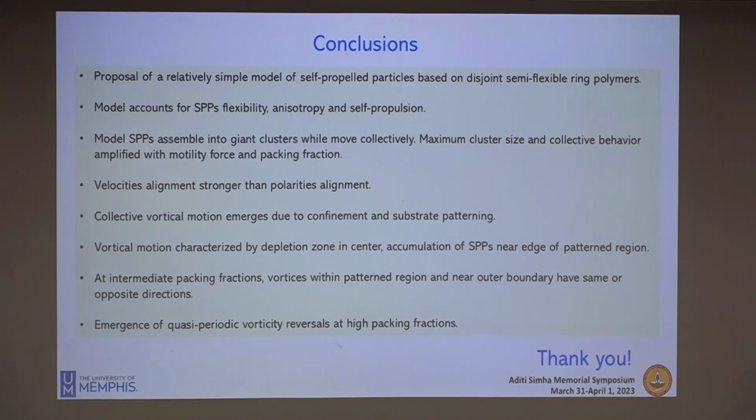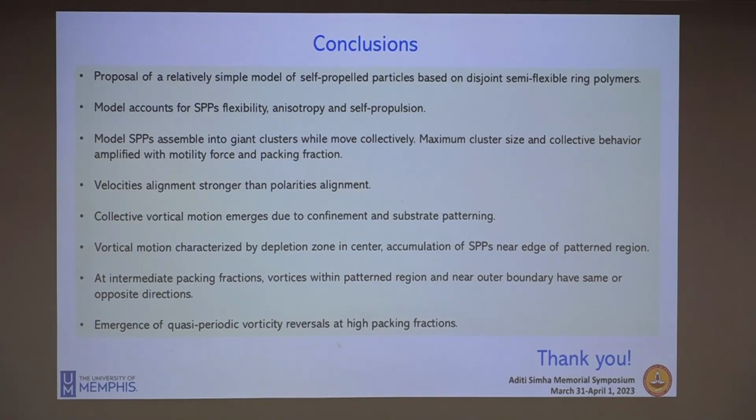In conclusion, we have a relatively simple ring polymer model of self-propelled particles that we believe is useful to look at various problems of collective behavior of systems. The good thing about this model is that it accounts for flexibility and anisotropy, of course self-propulsion, but also the area of the particles. So these are not point particles, they are not hard disks, they are really flexible particles with very well controlled area.